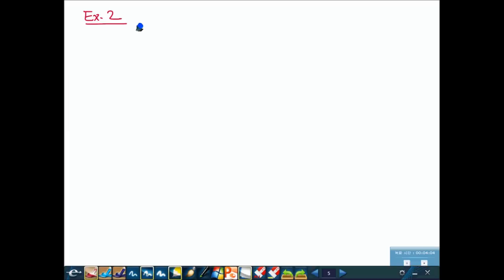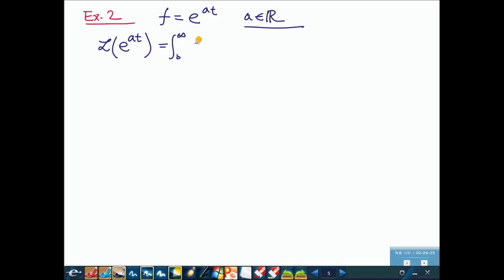Example 2. The function is e to the at, where a is just a constant number, any real number, right? So again, the Laplace of e to the at is the integral from 0 to infinity of e to the minus st times e to the at dt, right? And that's the integral from 0 to infinity of e to the a minus s t dt.